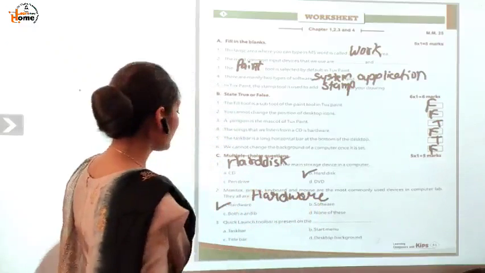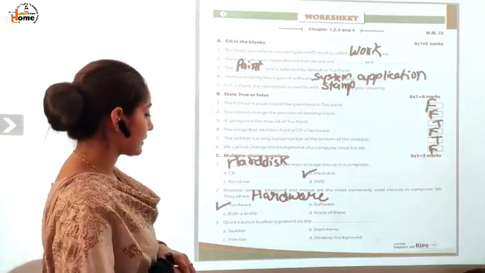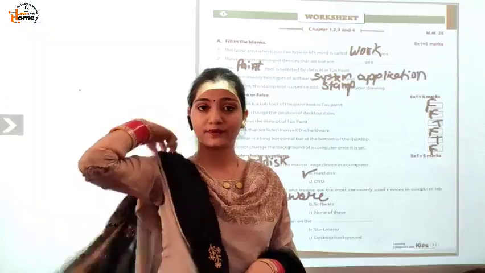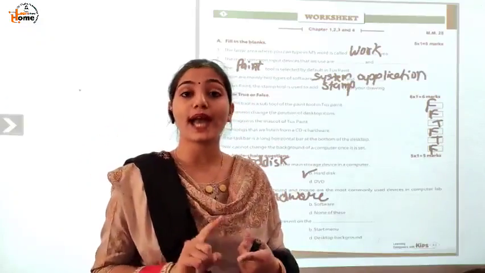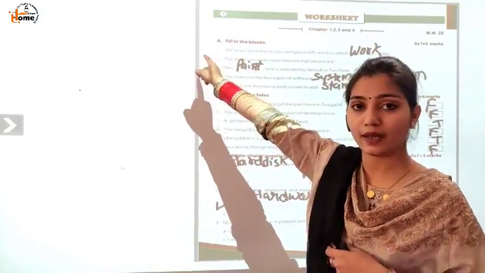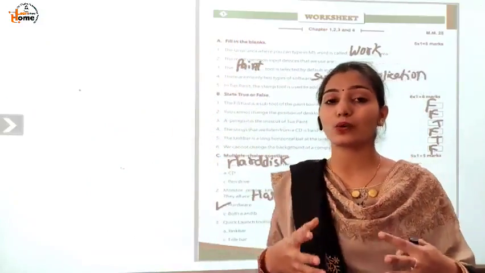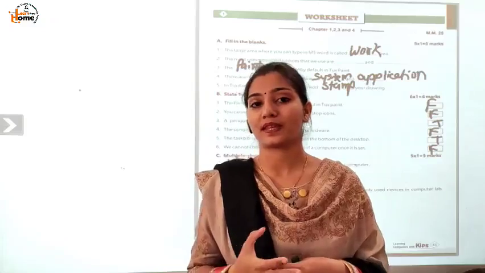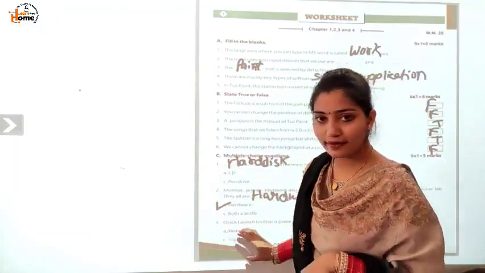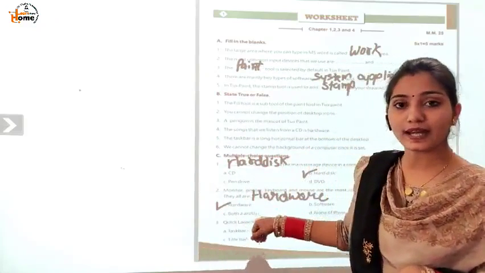Next is, the quick launch toolbar is present on the dash. What is the quick launch toolbar? We have learned about the quick access toolbar. It is present here in the title bar at the top, right? And what is the quick launch toolbar? Have you ever seen some of the icons here along with the start button?